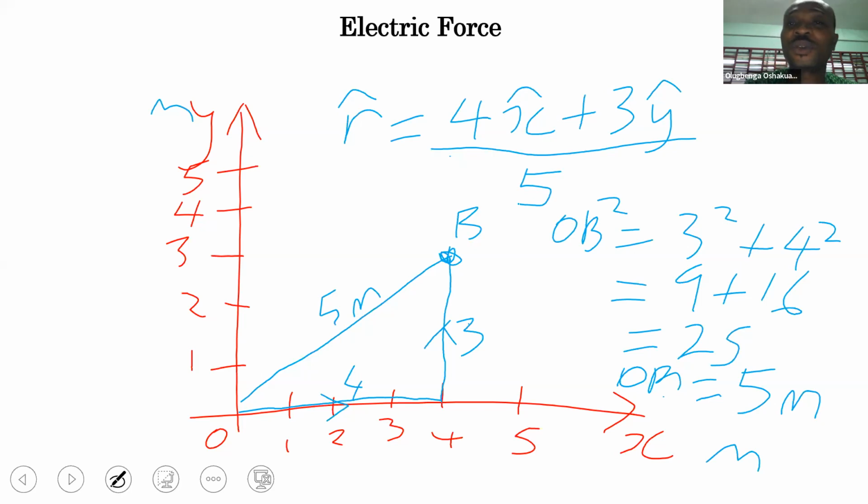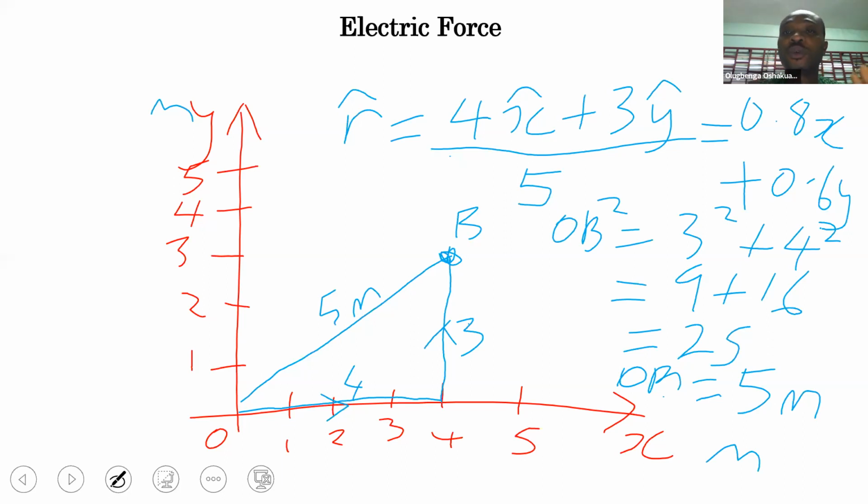So a simple way to go about this is to say that 4x plus 3y, we can divide by 5. It's as good as 0.8x plus 0.6y. So 0.8x plus 0.6y, that is the unit vector. If you try finding the resultant of 0.8x and 0.6y, you would get 1. So you can do that in your leisure time.